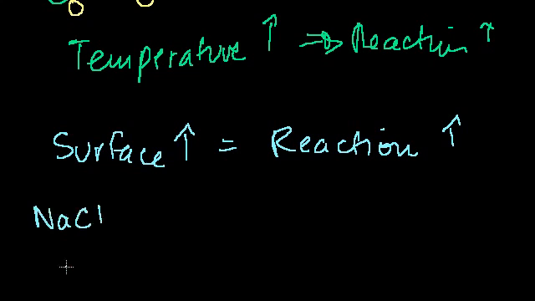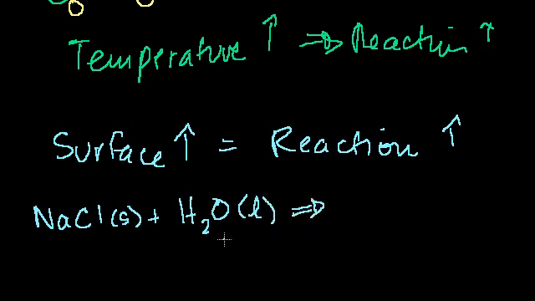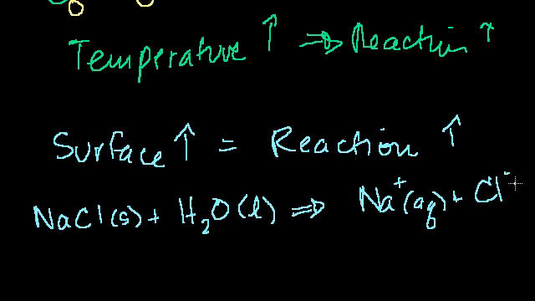Sodium chloride, solid salt, plus liquid water leads to, well, we could think of it a lot of different ways, but we could think of it as sodium cations, aqueous, plus chloride anions, aqueous. So it gets dissolved.